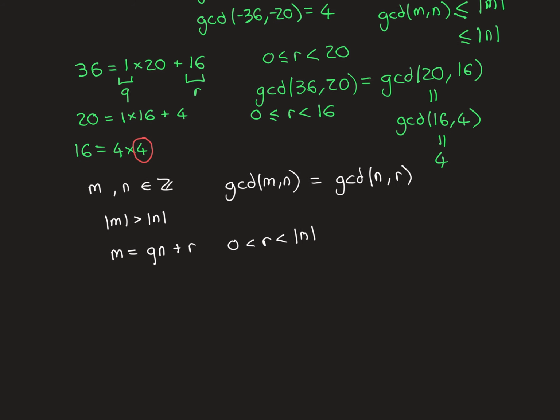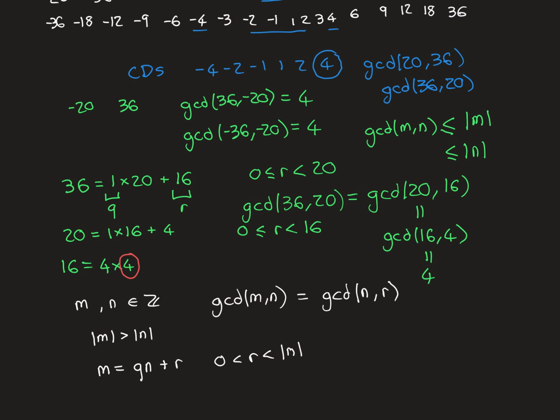So in fact, if you were to write out the list of common divisors for these two, you'll get the exact same list as if you were to write out the common divisors for these two. That's what we need to show, and then we'll know that the greatest common divisor is therefore the same, because if they have the same list of common divisors, the biggest one is going to be the same in that list.